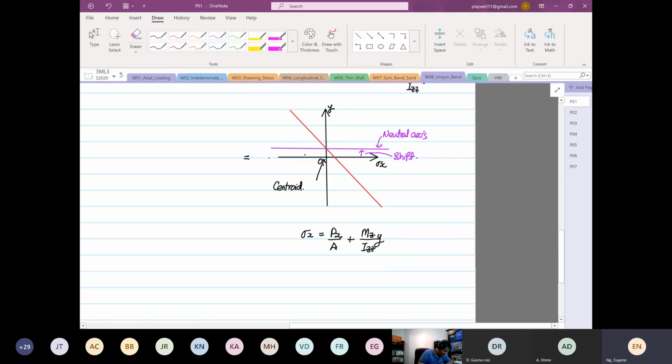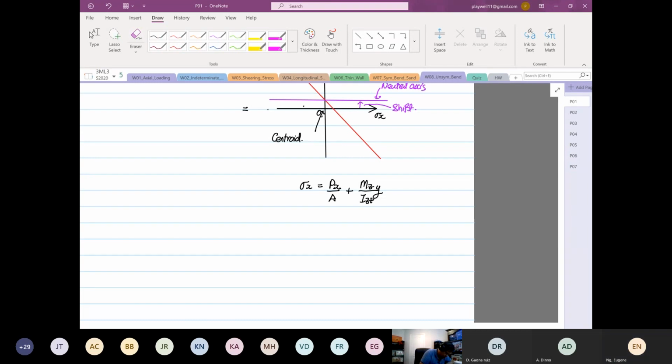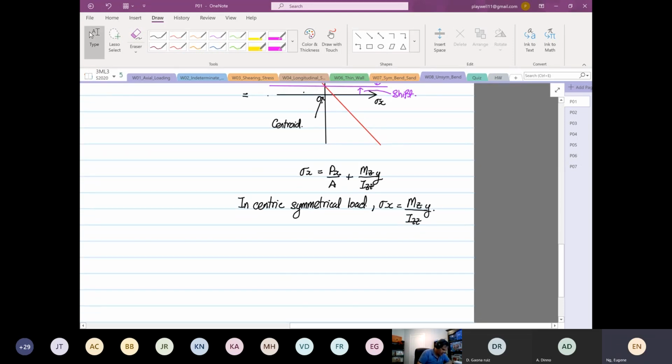So I'll write this down. In centric symmetrical loading, where we have stress X is equal to MZ over IZZ multiplied by Y, the location of the centroid and neutral axis, when I say neutral axis I mean where stress X is equal to 0, are the same position.